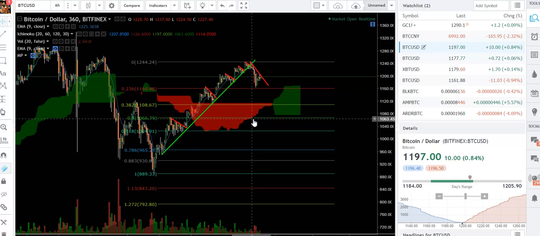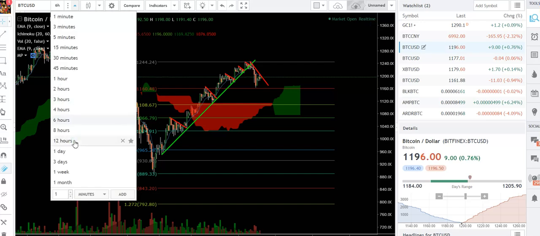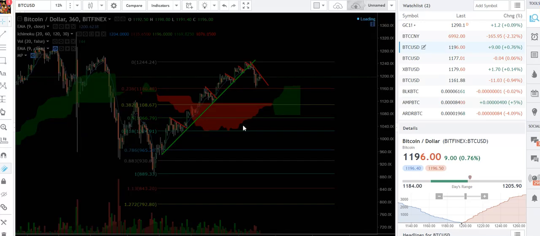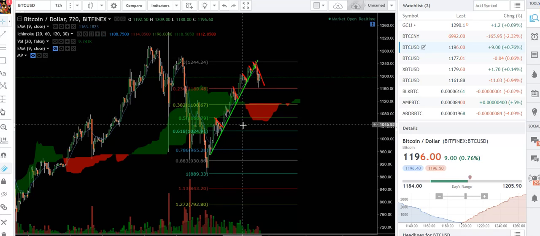But when we start to look that low of a retracement, we realize that we would be going into our 6-hour cloud. And even our 12-hour cloud is there as well. So we want to consider that.